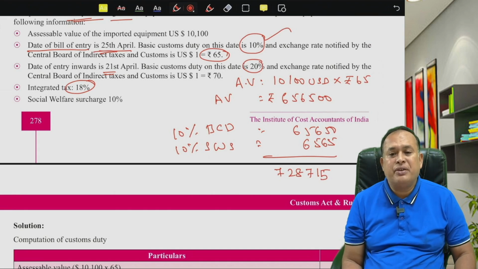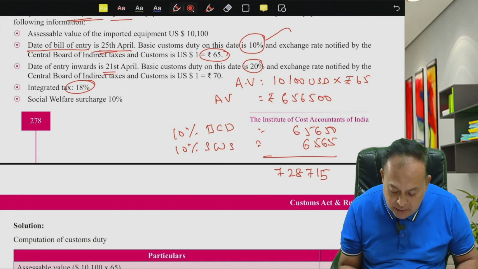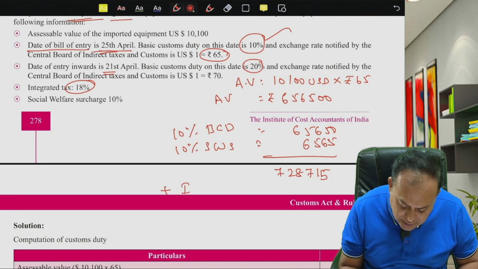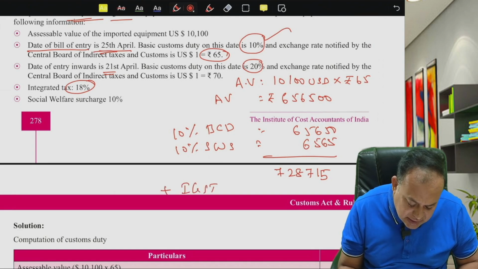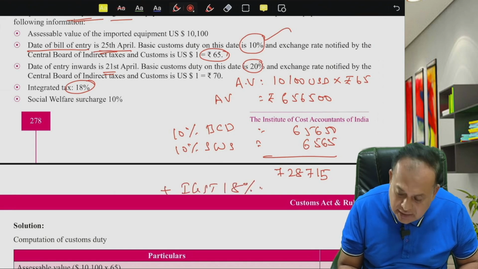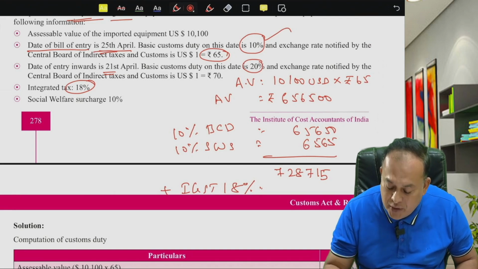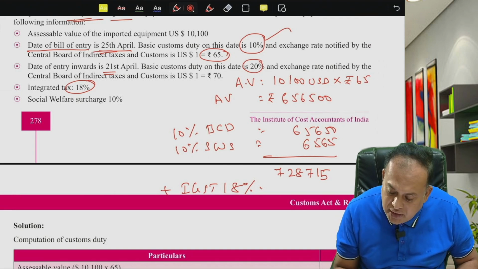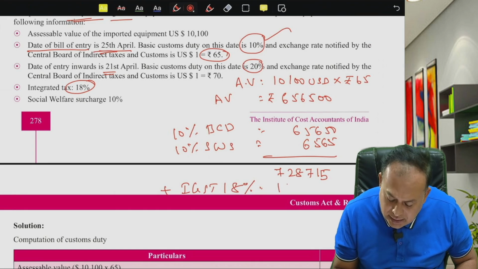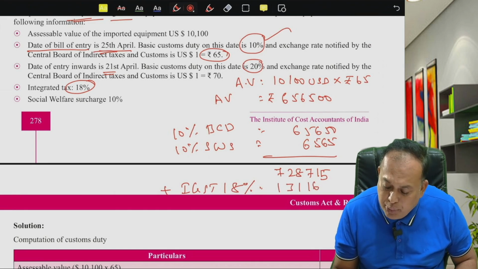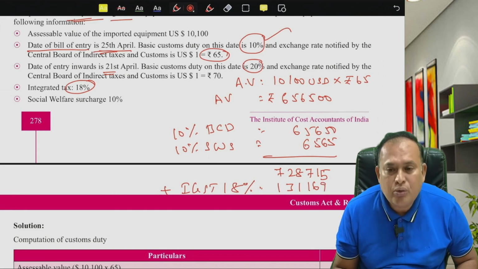Got the clarity, my dear friends? On that value, 7,28,715, we have to find out IGST, which is given here as 18%. 18% of this comes to 1,31,168.70 paise. Therefore, I will round off to 1 rupee.